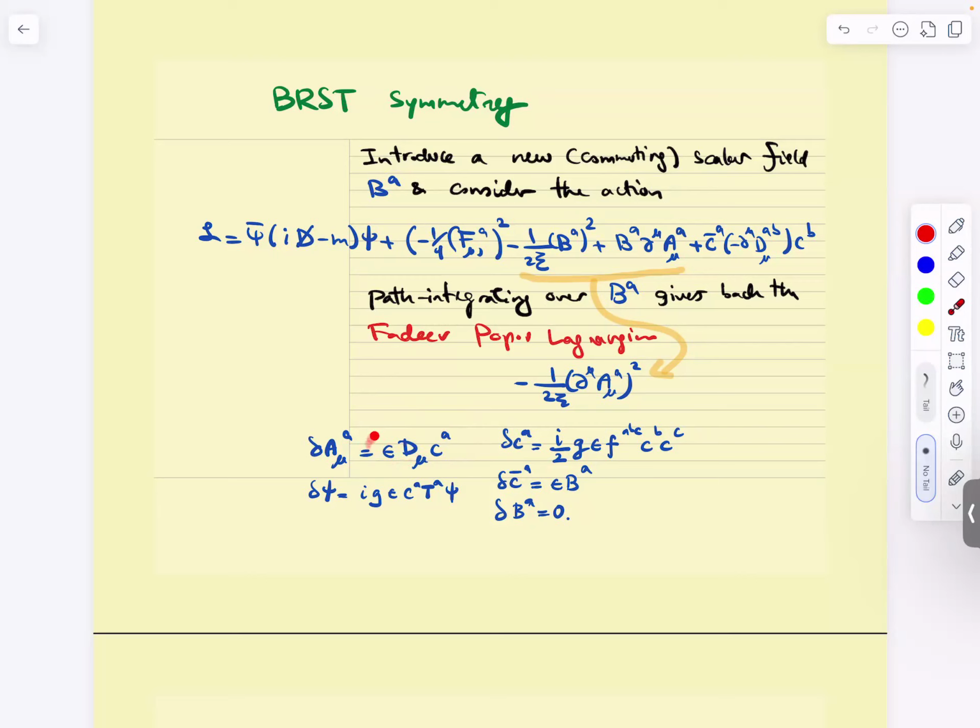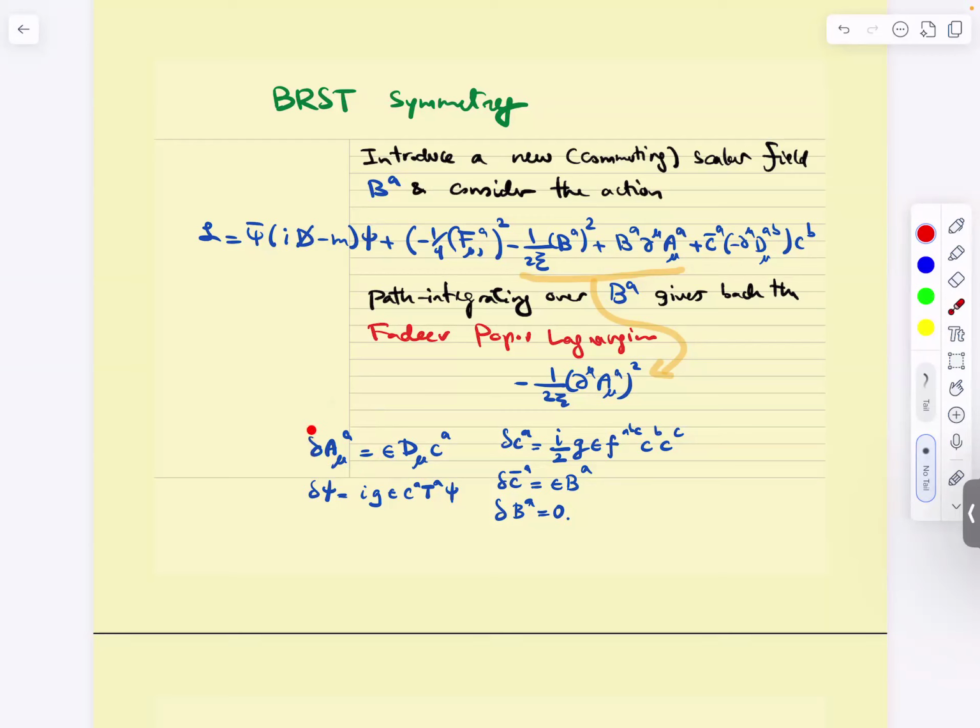The fact that the coefficient is anti-commuting tells you that if you do this transformation twice, the generator of this transformation Q squared is 0, because epsilon squared is 0. That's an important key component of the BRST symmetry and the idea of BRST.